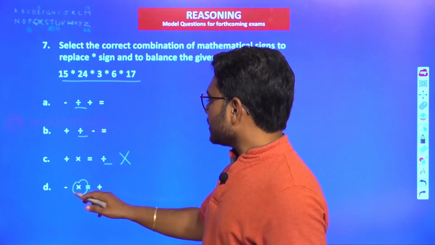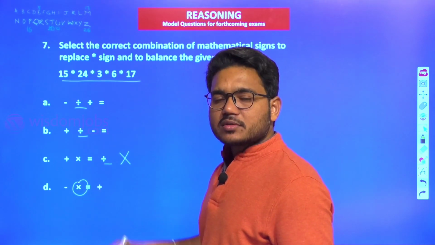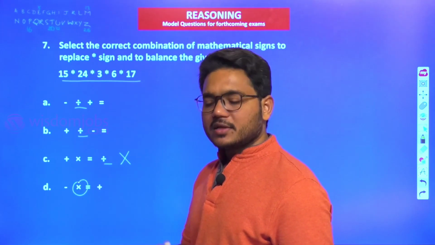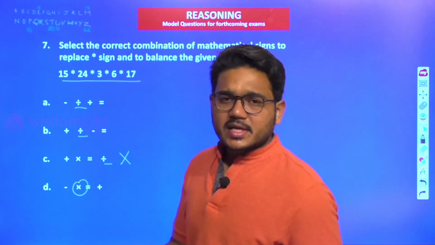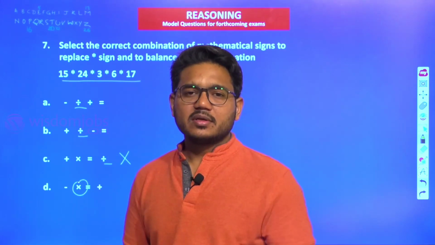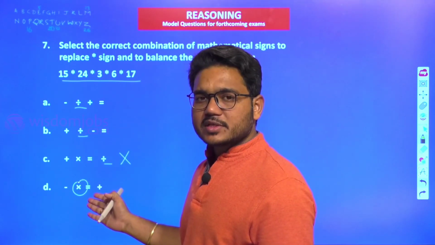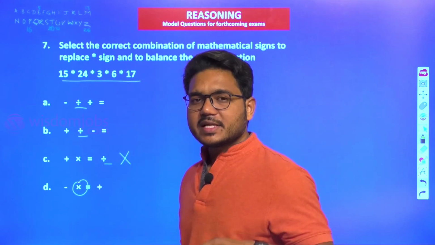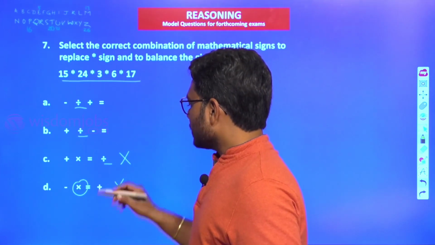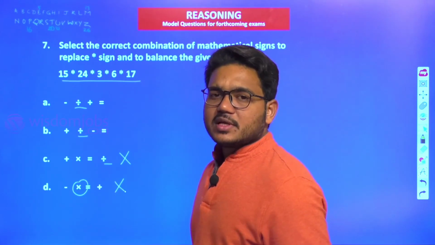Nowhere else is multiplication given. If other multiplication and subtraction were given, there is a chance of the number being reduced. There is no provision here, so we could easily realize that this is also an option which can be eliminated.